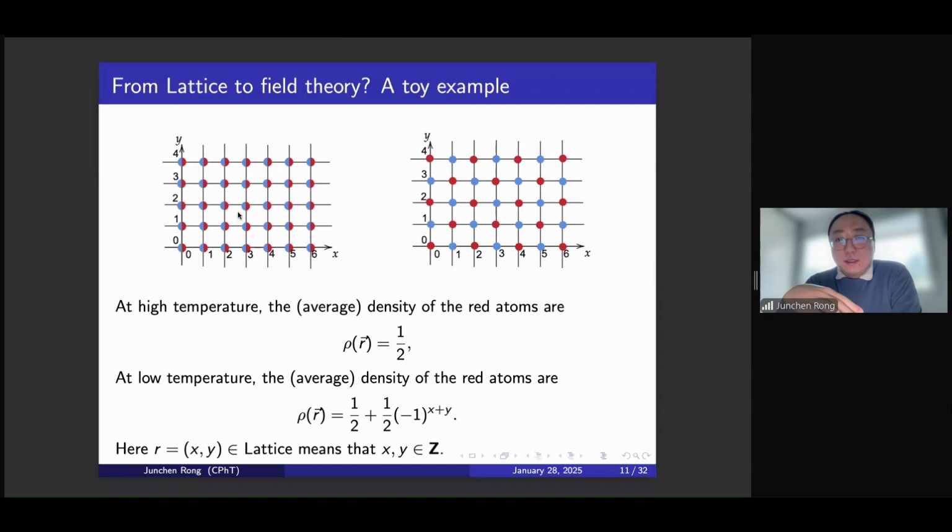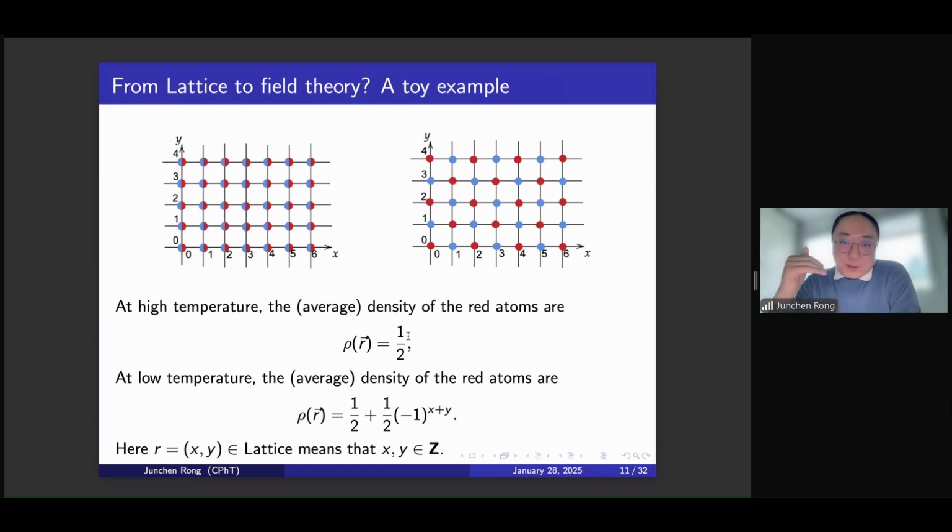And this is actually an actual experiment that people did a lot in the 70s. But at high temperature, the average density of red or blue atoms at a specific site is 1/2. Let's just say there's an equal distribution of red and blue.